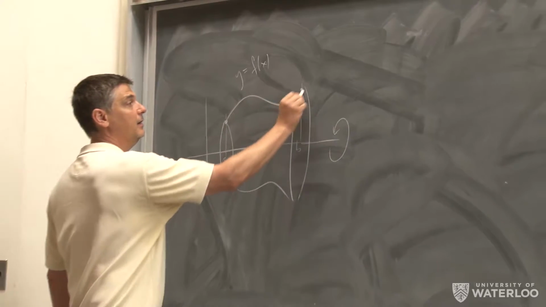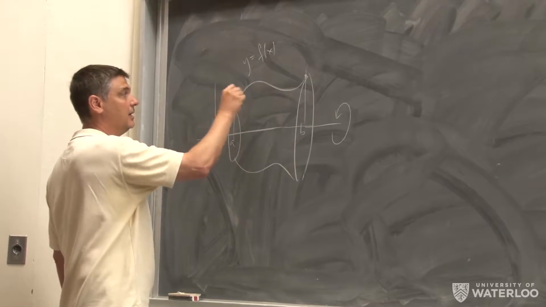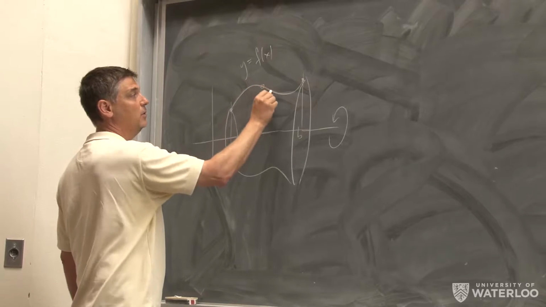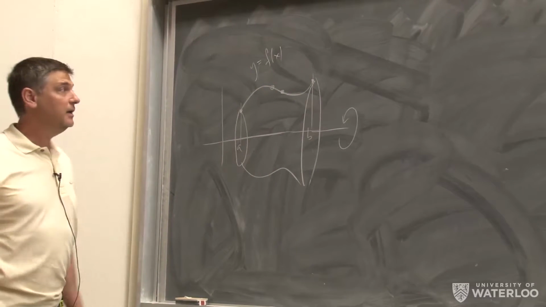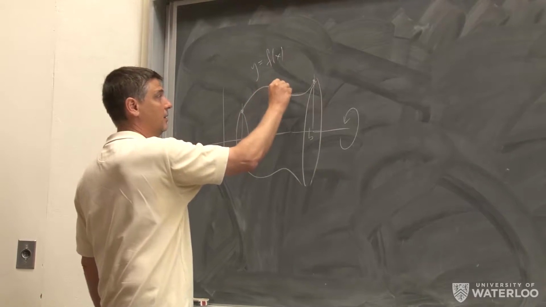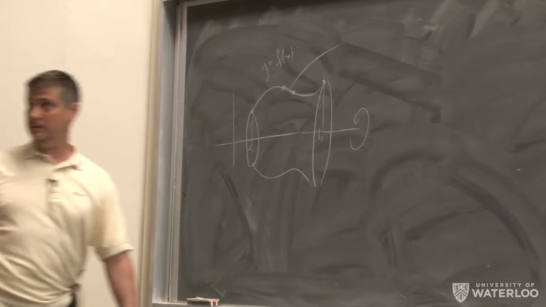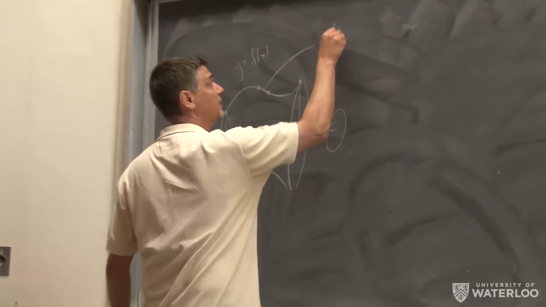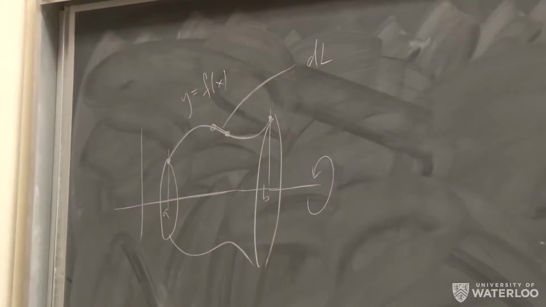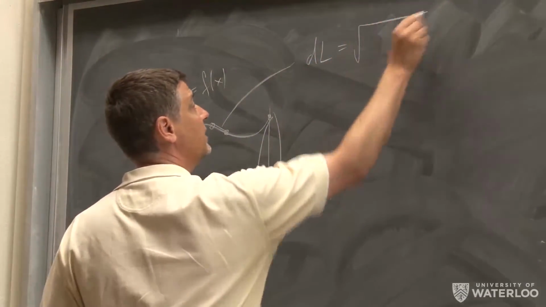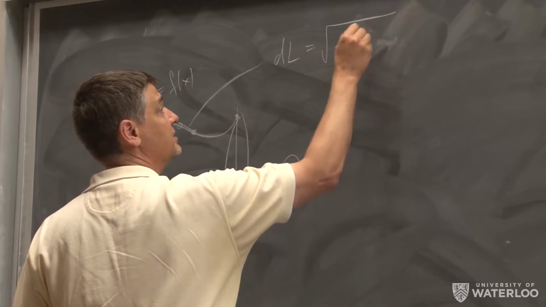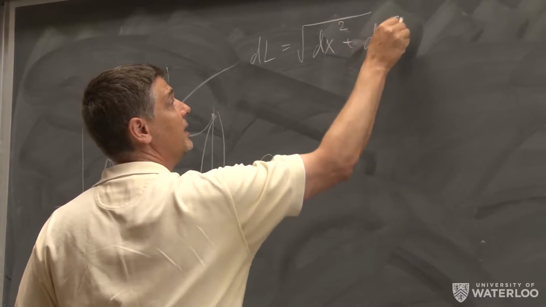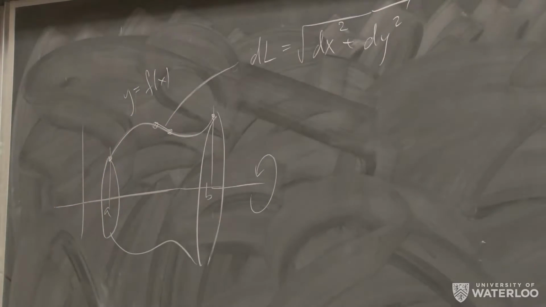First of all, to calculate arc length, you imagine cutting your curve into many small segments, and then you approximate the length by a sum of straight line segments. And this segment, I could call it dl or delta L for a small piece of length, and that would be given by square root dx squared plus dy squared, or you might write delta x squared plus delta y squared.